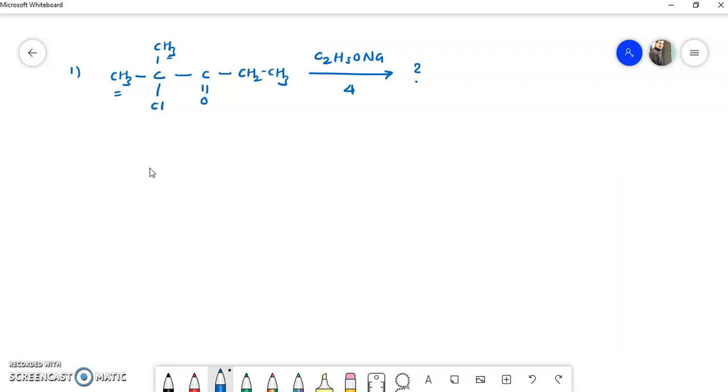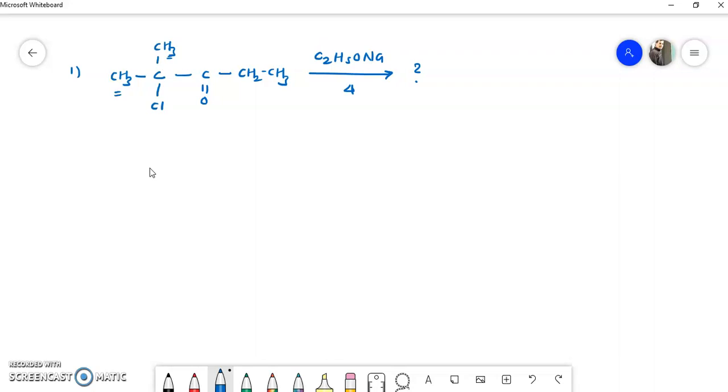Our starting material is the alpha haloketone, as you see on the alpha carbon there is a halogen. If you see such a starting material, then no doubt this rearrangement will be Favorsky rearrangement. Conditionally there will be basic conditions, remember.